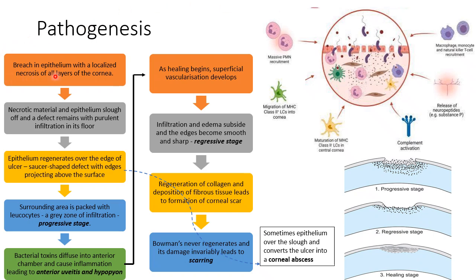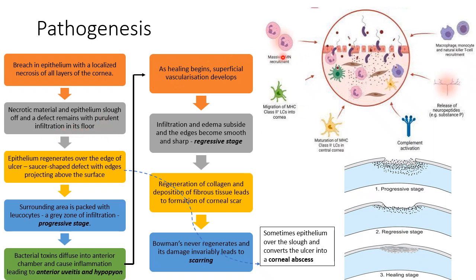So, it begins by a breach in epithelium with the localized necrosis of all the layers of the cornea, mediated by all these cells and toxins, bacterial toxins. This is followed by necrotic material and epithelium sloughing off, and a defect remaining in the stroma with purulent infiltration in its floor.